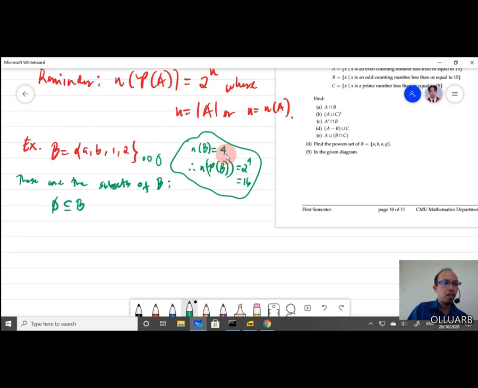And then take all those sets which contain only one element.